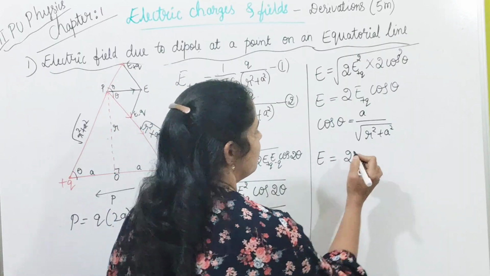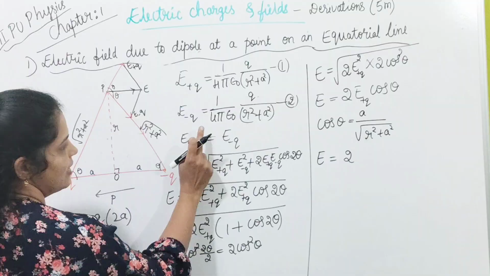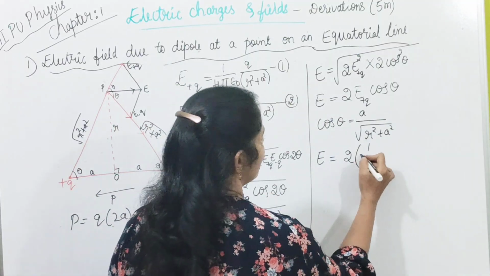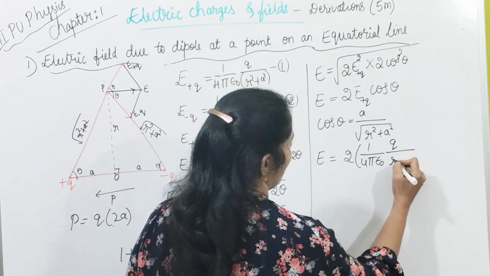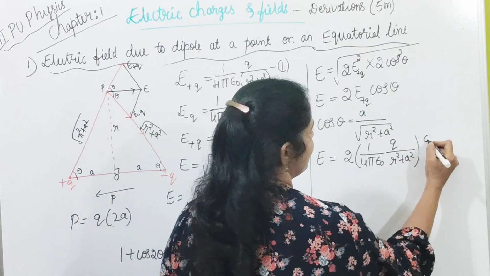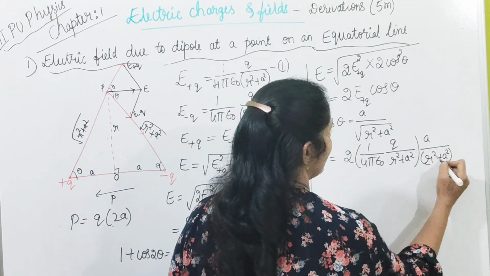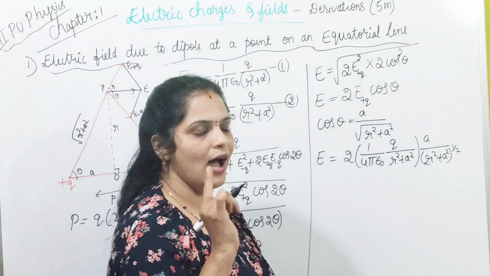E is equal to 2 into E plus Q. See, both are same. You can write E minus Q or E plus Q, one and the same. So that is 1 over 4 pi epsilon naught Q divided by R square plus A square into cos theta, which is A divided by R square plus A square to the power half. See, square root means the power is half.